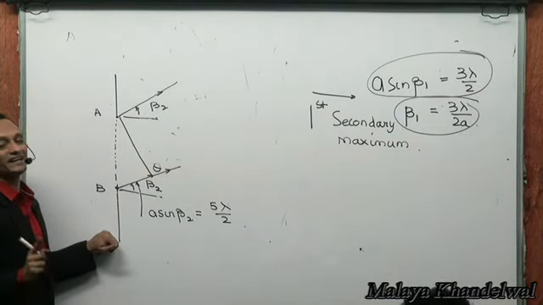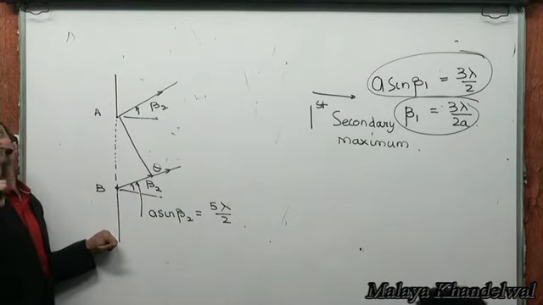Right. Now I divide the region between A and B into 5 equal parts.